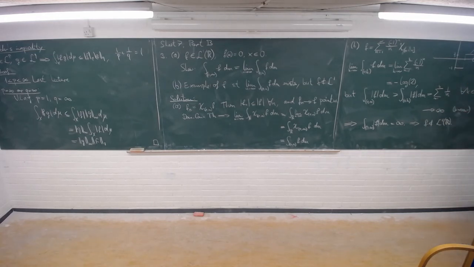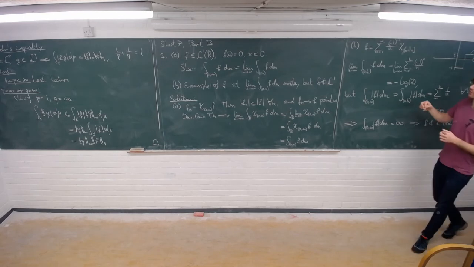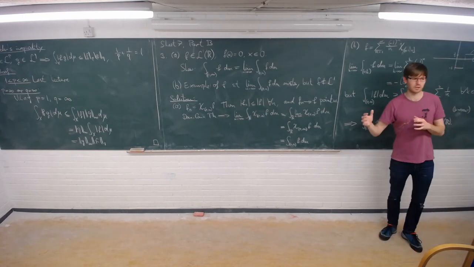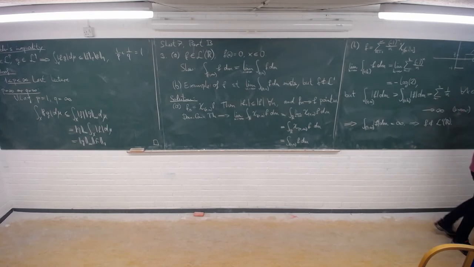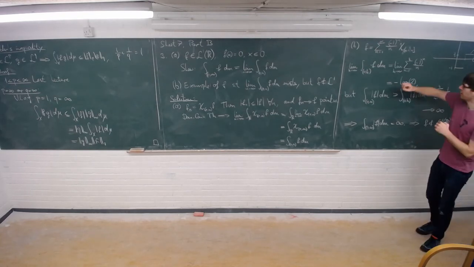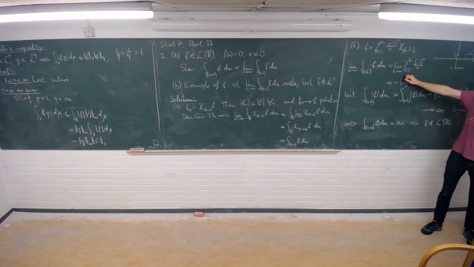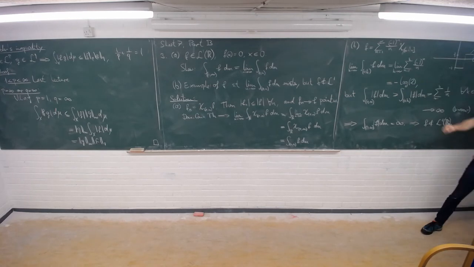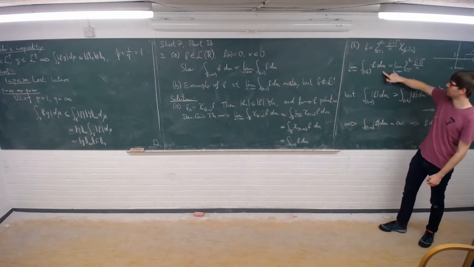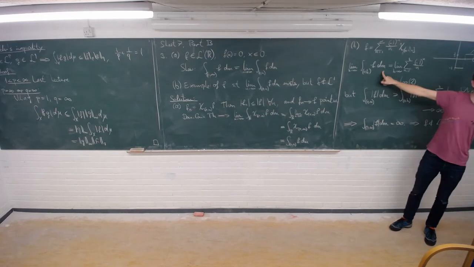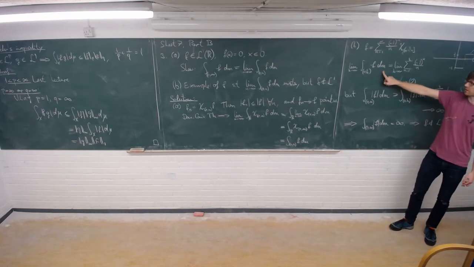And I said already that if a function is improperly Riemann integrable, so on an infinite interval, then that does not mean that the function is Lebesgue integrable. And this is precisely one counterexample that shows this, right? This limit here is precisely the improper Riemann integral of f.